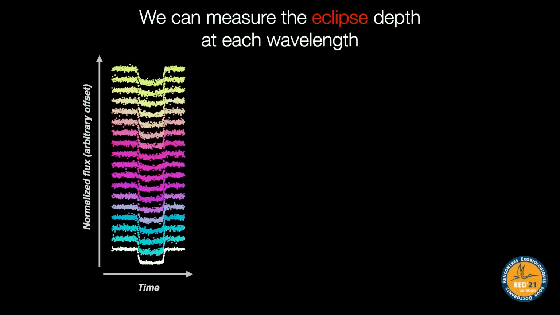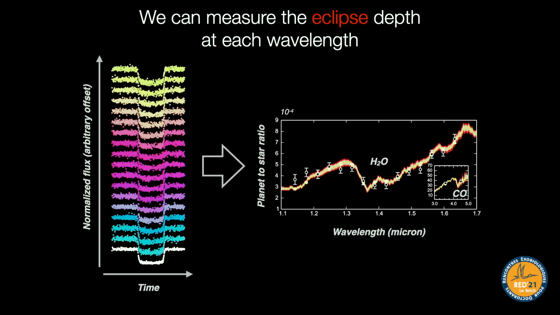And when we compute the depth of each of these transits at different wavelengths, we can infer this. So this is a spectrum that tells you basically what is the planet to star flux ratio, but as a function of wavelength. And here we have a spectrum which is just like what we had for a planet in the solar system, except that, of course, it's integrated over the whole planet.